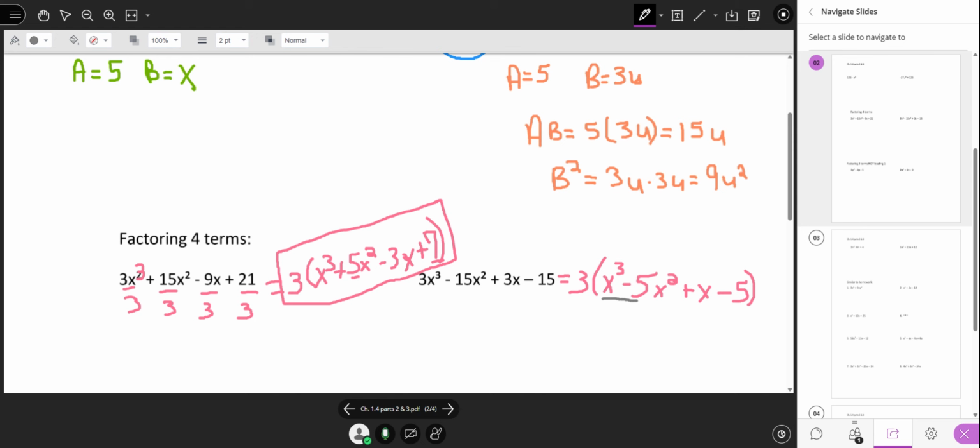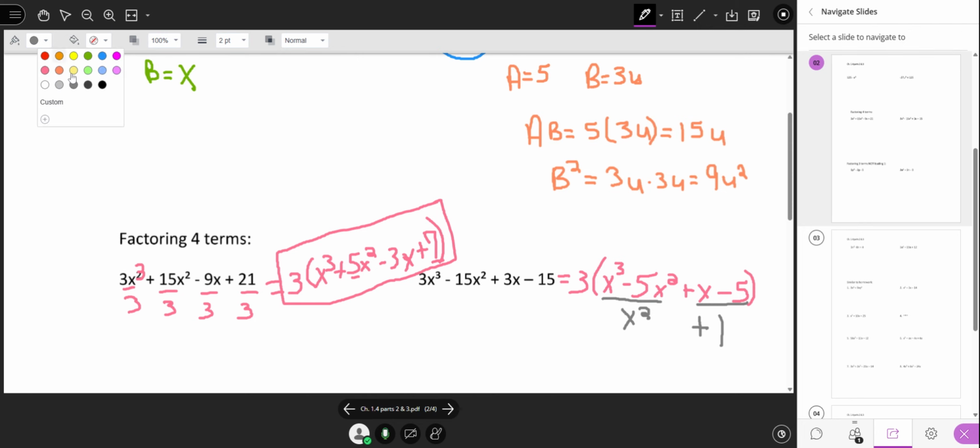So I can factor by grouping. The rules for factoring by grouping: group the first two, group the last two. Pull the GCF of each set. Ooh, I don't see a GCF. Well, if it doesn't have a GCF, the GCF is 1.